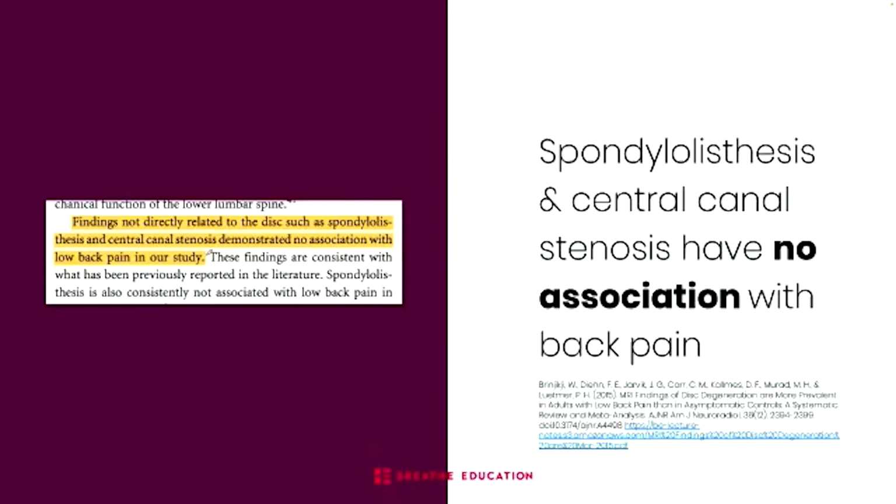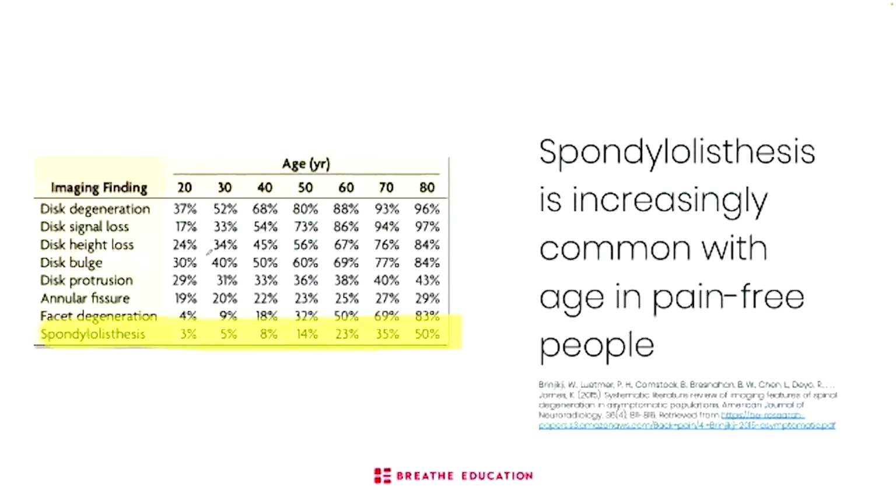And a different study, also from 2015 from the same group, called Findings of Disc Degeneration Are More Prevalent in Adults with Low Back Pain Than in Asymptomatic Controls, a systematic review and meta-analysis. The previous study looked at just pain-free people, and we said, out of all of the pain-free people, how many of them have a spondylolisthesis?